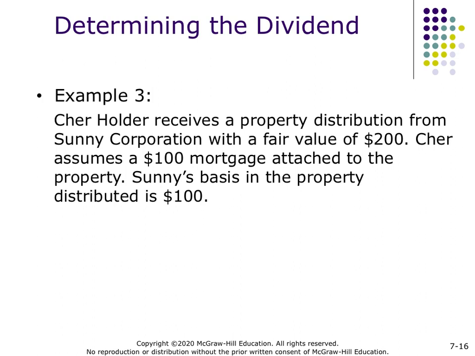All right, let's look at this third example now. So shareholder receives a property distribution from Sunny Corporation with a fair value of $200. Share assumes a $100 mortgage attached to the property. Sunny's basis in the property distributed is $100. Okay, so Sunny Corp recognizes what?